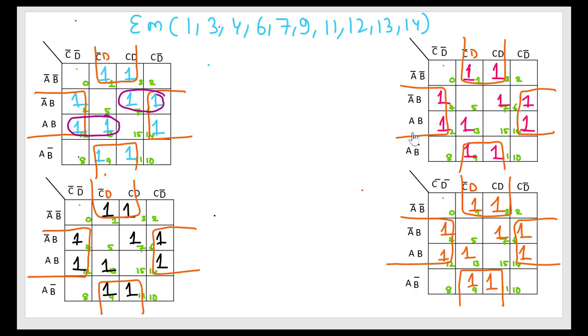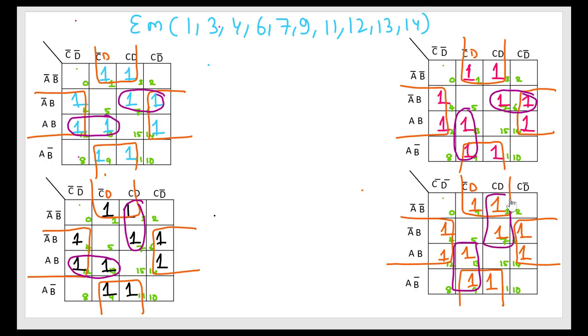In the second case, I am forming these two ones as a pair and these two ones as a pair. In the third case, I am forming these two ones as a pair and these two ones as a pair. In the fourth case, I am forming these two ones as a pair and these two ones as a pair.